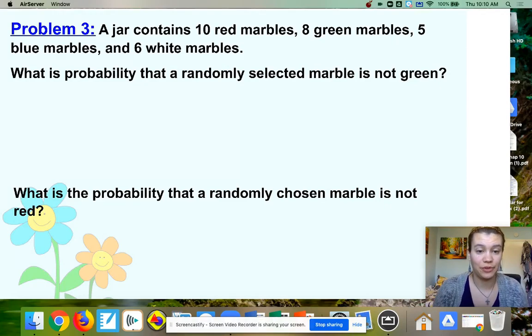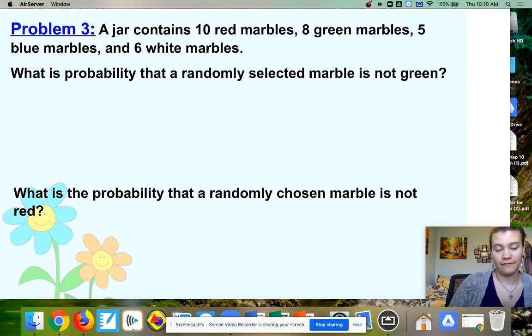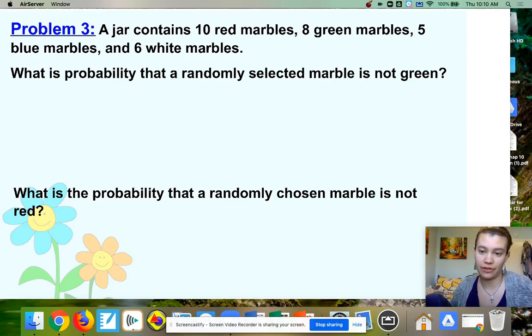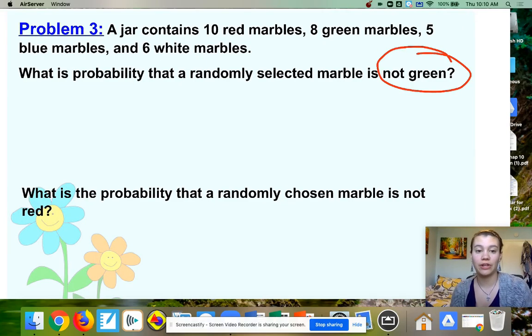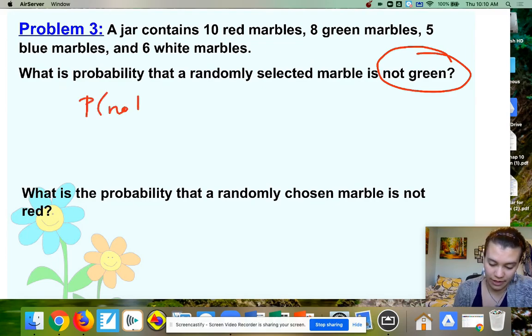All right, so last example, we have a jar with 10 red, 8 green, 5 blue, and 6 white marbles. We want to figure out the probability that a marble is not green. So here you could either add up 10 plus 5 plus 6 to get all the other colors, or you can just find what green is and subtract it from 1. So the probability of our not green marble is going to be 1 subtracted the probability of green.